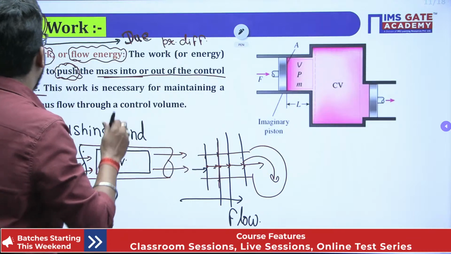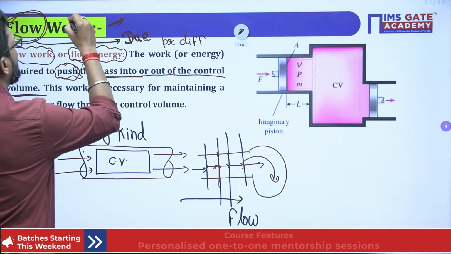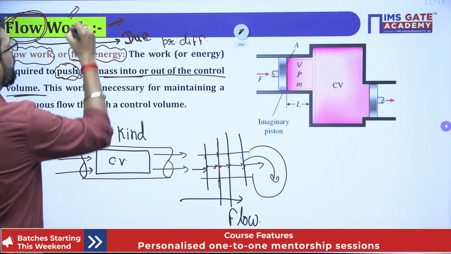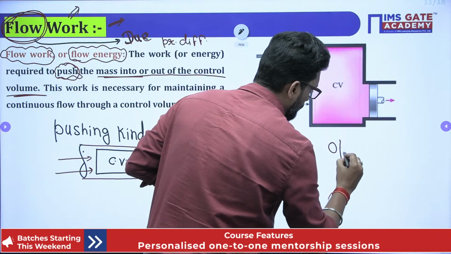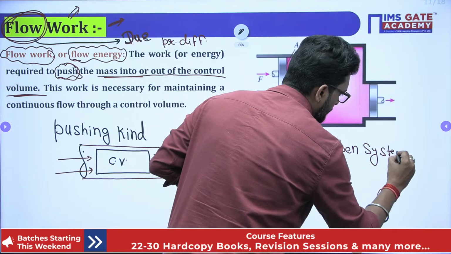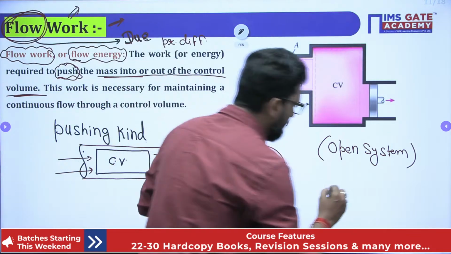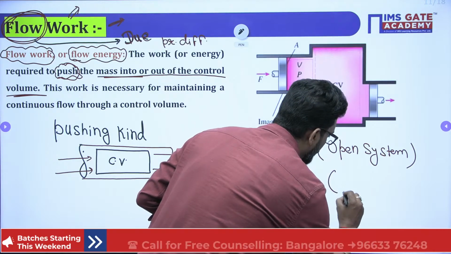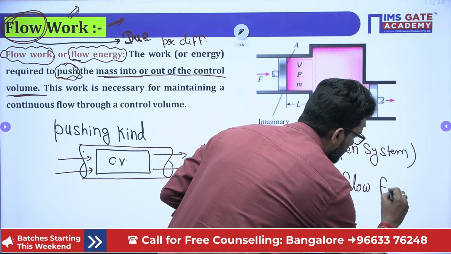That means flow work is related to the open system, where the control volume is fixed. It is not related to the closed system. So if it is an open system, that is called flow work, not non-flow. Flow work.